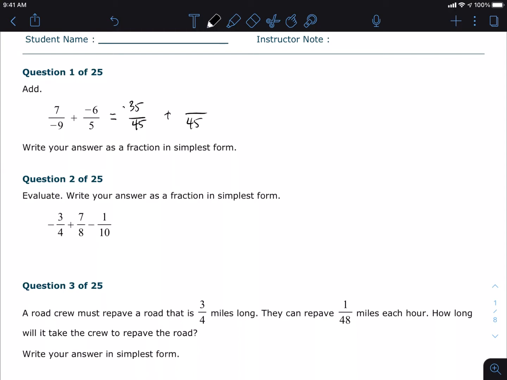This is still going to be negative, and then multiplying 6 by 9, that's going to give me 54, correct? But that should still remain negative. And so when I add those up, I'm going to get 45 in the denominator, and I'm going to get negative 89, and that is my answer for that first one. Are there any questions on how I got that?